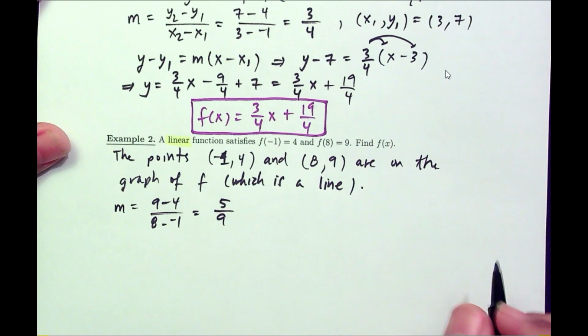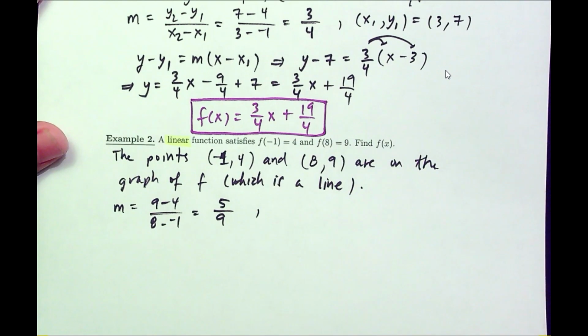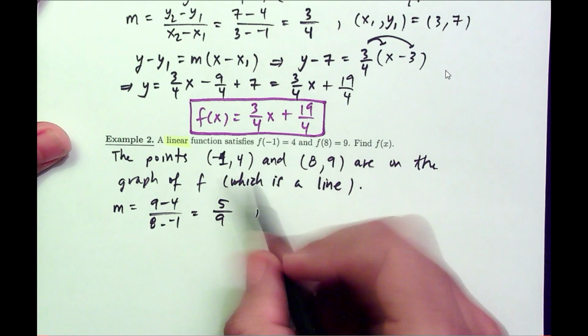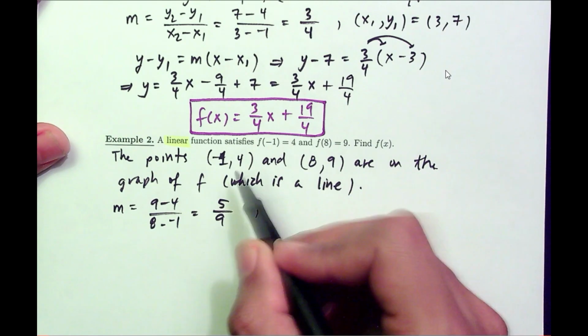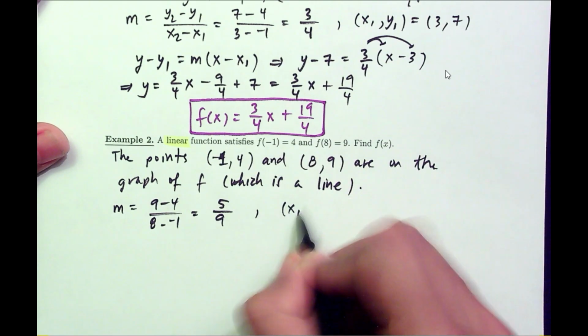So that is the slope. And now you can use either of the 2 points to be your x1 and your y1. And I'm going to use the one that is both positive because I like avoiding negatives. So I'm going to use this one.